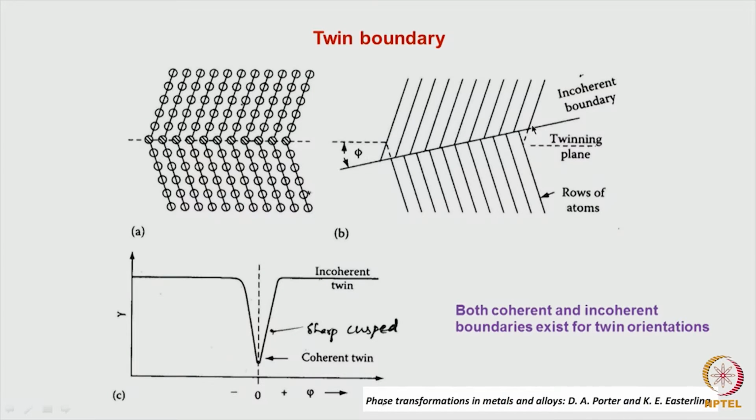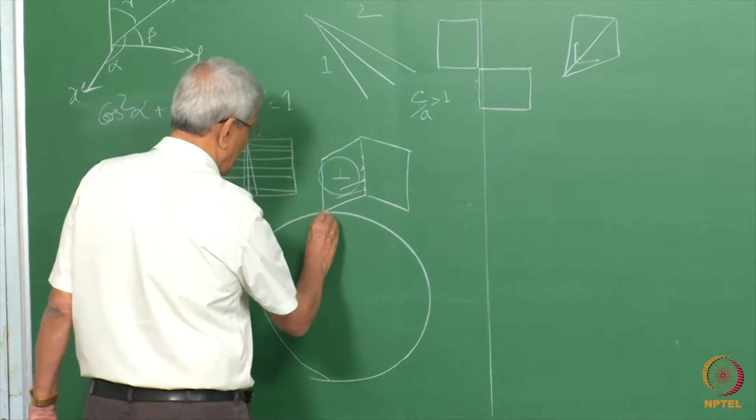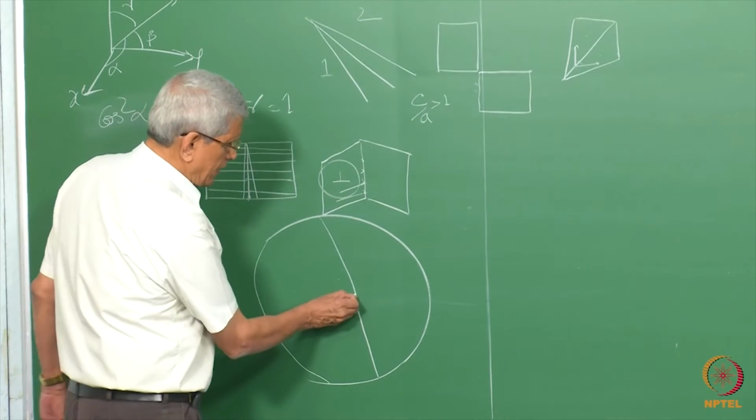In fact, in many materials like copper, nickel, many stainless steels, when we anneal them, quite often one could observe, within a grain, some small steps.